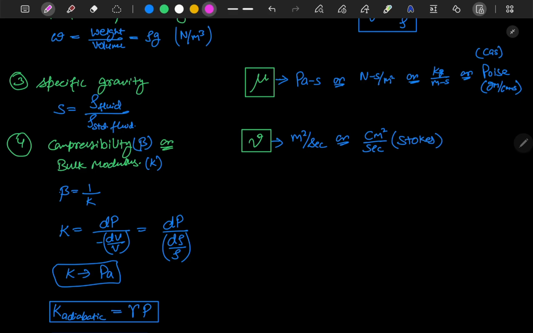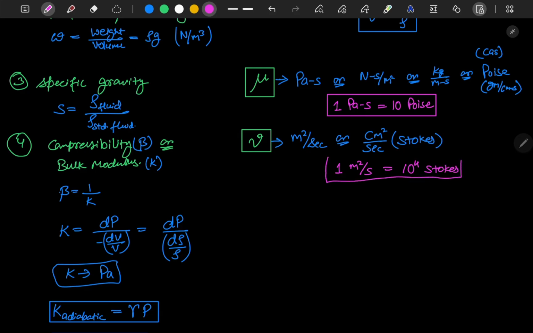And if I talk about conversion from SI to CGS, 1 Pascal second is equal to 10 poise, and 1 meter square per second is equal to 10 to the power 4 Stokes.